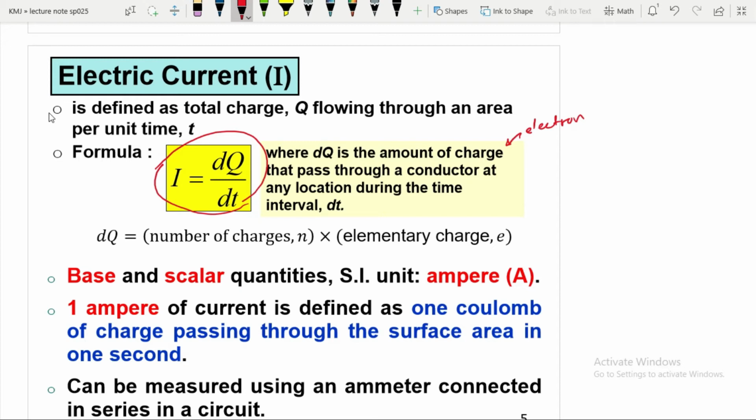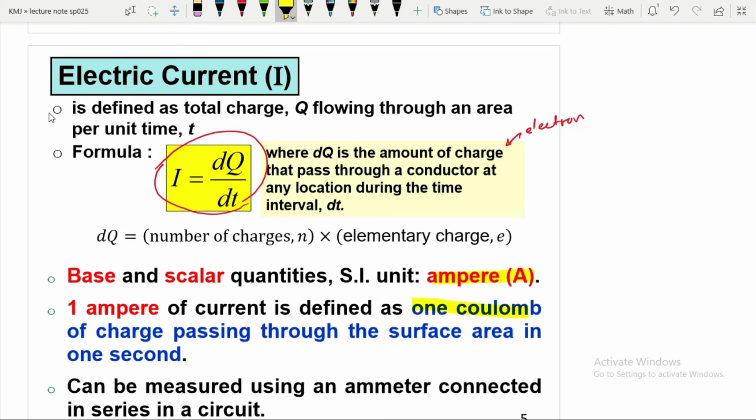Okay, so the SI unit for current is the ampere, and it is a base and scalar quantity because it doesn't have any direction. Okay, so what is 1 ampere of current? 1 ampere of current is defined as 1 coulomb of charge passing through the surface area in 1 second.